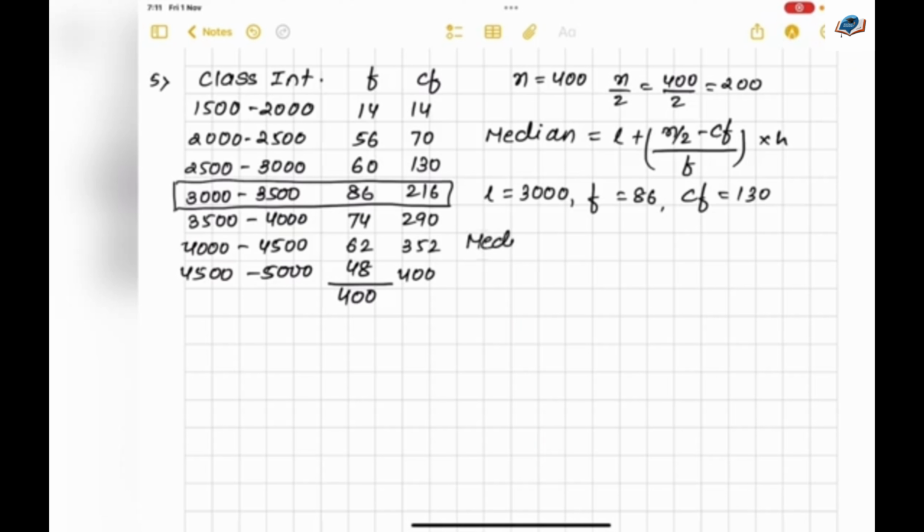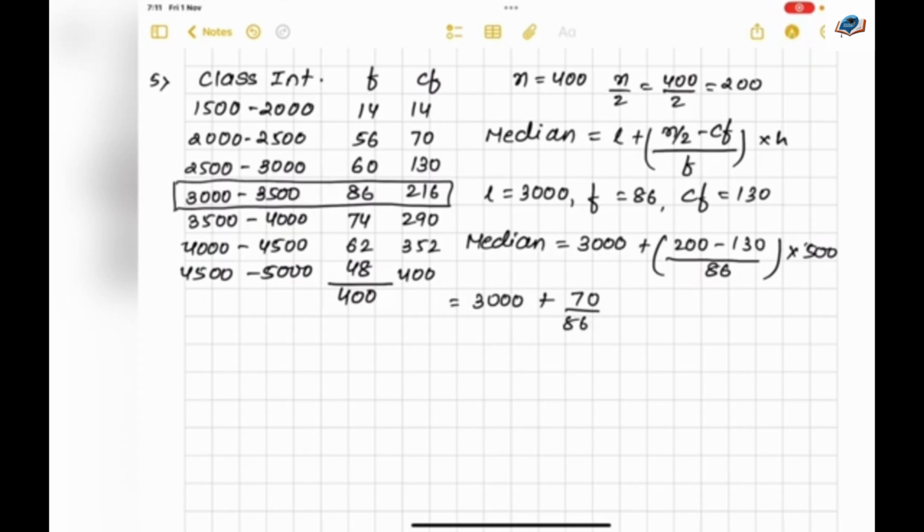Putting the values, median will be 3000 plus (200 minus 130) upon 86 into 500. So this will be 3000 plus 70 upon 86 into 500.